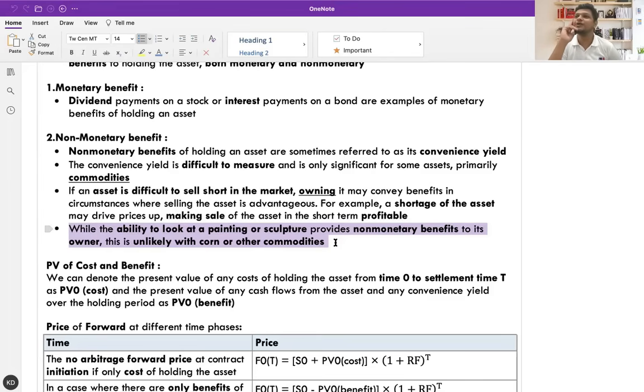Now, you may wonder what's there in that painting, right? What's there in the painting of Mona Lisa? Why is it so famous? If ever a bidding is done on the Mona Lisa or a Pablo Picasso painting, you know how much that fetches. I'm just trying to say that's a benefit that someone gets which we don't understand, right?